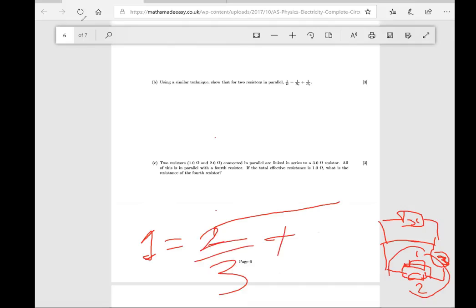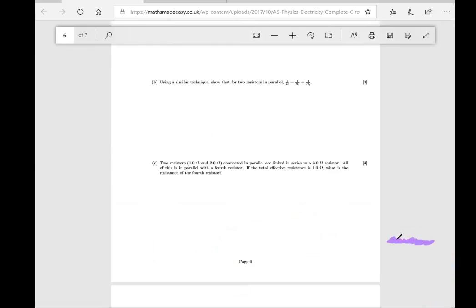Plus 3, plus x. But x is in parallel with this combination. So 1 divided by that plus 1 over x. This line will not come. So I'll skip this. I just need pen and paper. It's easy.